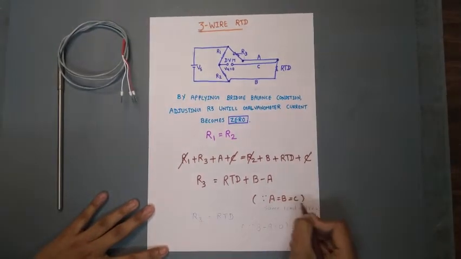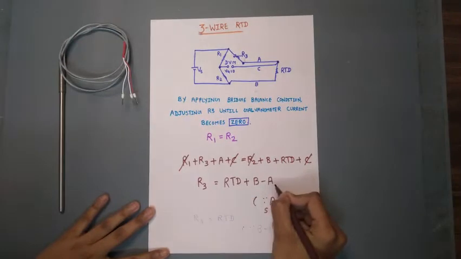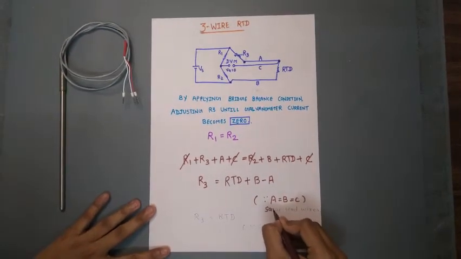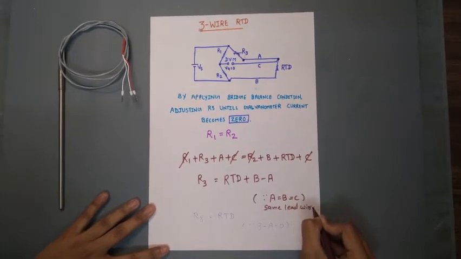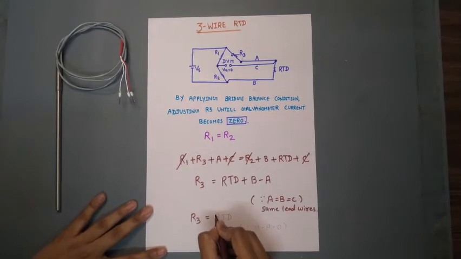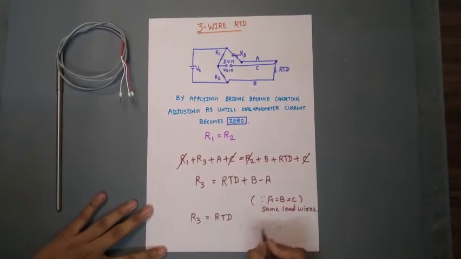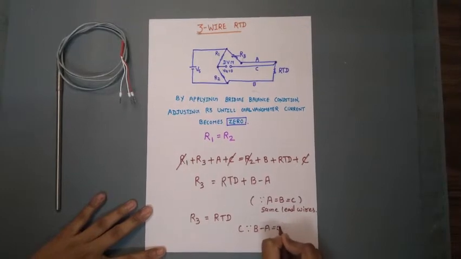So A is equal to B is equal to C. That means B minus A is equal to 0. So R3 is equal to RTD because B minus A is equal to 0.